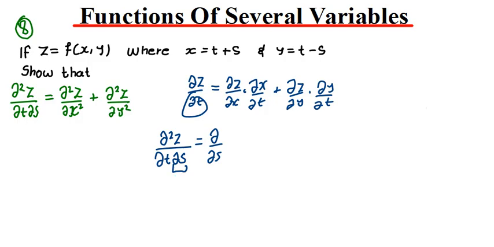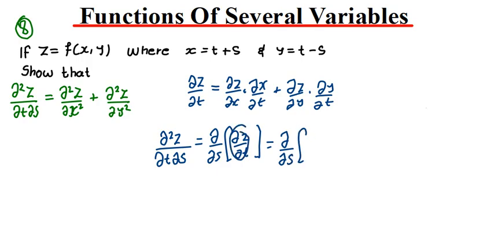So now we are looking for the partial with respect to s of partial of z with respect to t. But we already have our partial of z with respect to t. What is partial of z with respect to t? We have already written it, it's this one here. So let's just bring it down here.